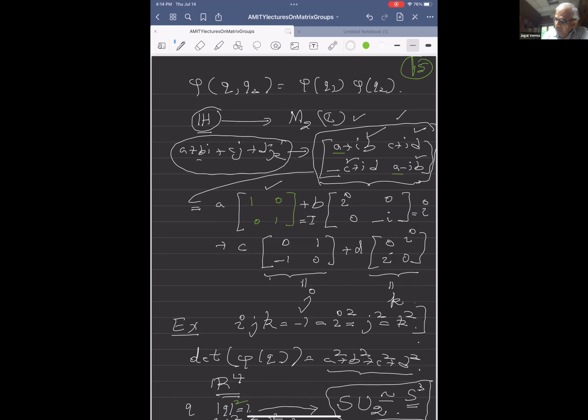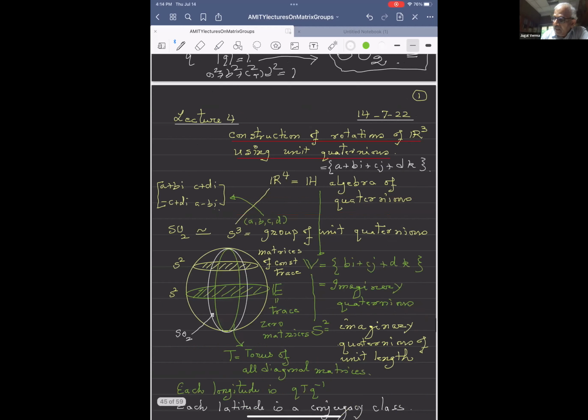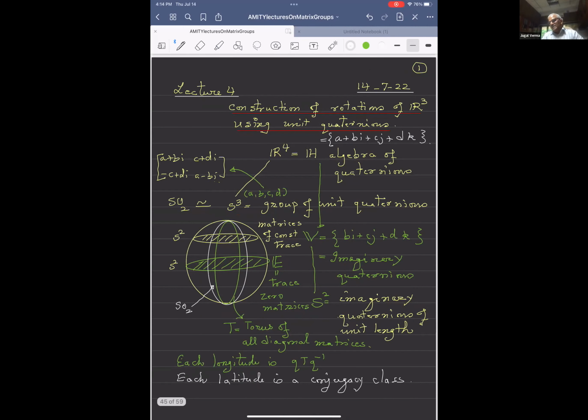So now I want to proceed further, and I want to show you a picture which I want to explain in this lecture and the lecture on Saturday. My purpose in introducing quaternions: quaternions are used for lots of things in geometry and in physics.